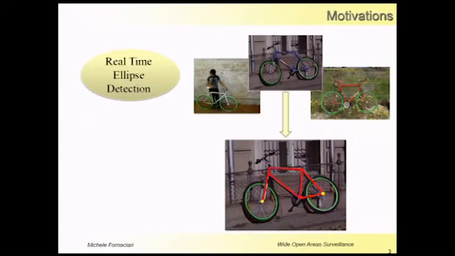We selected ellipse detection for two main reasons. The first is that we want to use this to detect the wheels in bicycles as a first step to detect the chassis, the structure of the bike, in order to do some similarity comparison with other bikes.